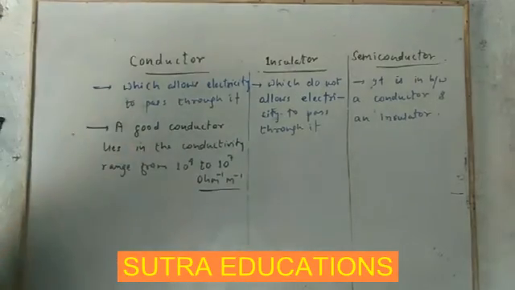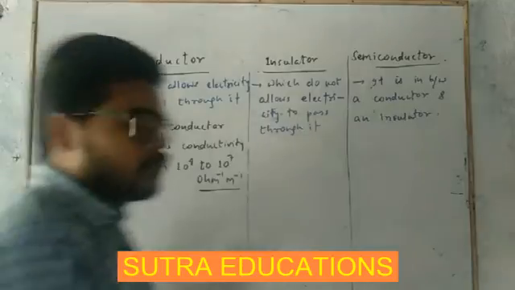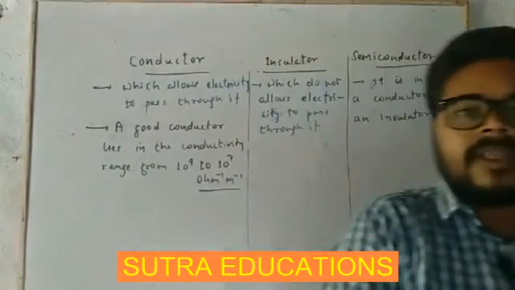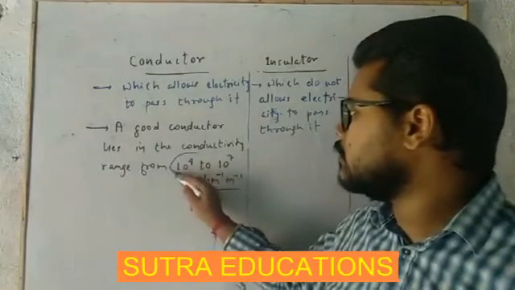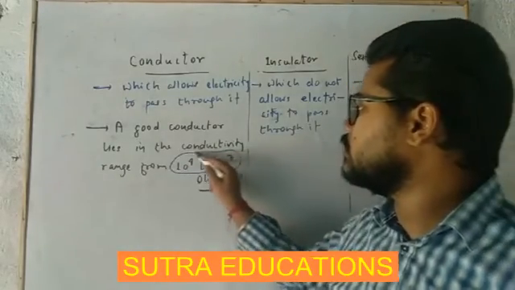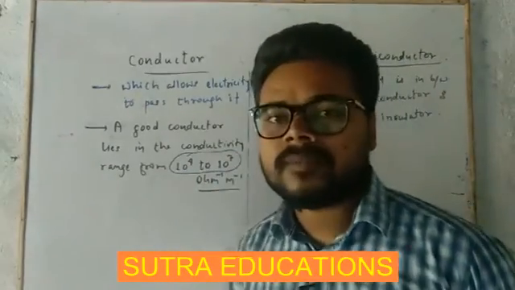A good conductor will be only those which have a conducting range from 10 to the power 4 to 10 to the power 7 ohm inverse meter inverse.